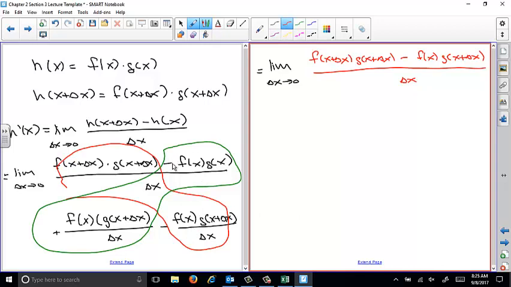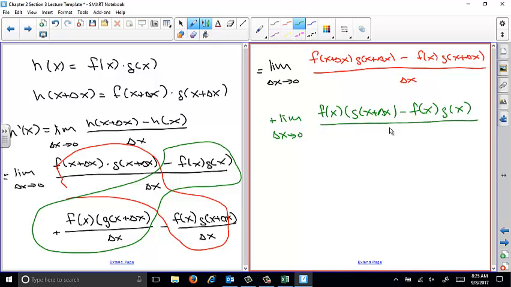Now here I'm going to have, this is going to be the other way around, so let me do that with green. So then what I'll have is plus the limit as delta x goes to 0 of f of x times g of x plus delta x minus f of x times g of x, all divided by delta x. Did I do that right? Yeah, it looks right.